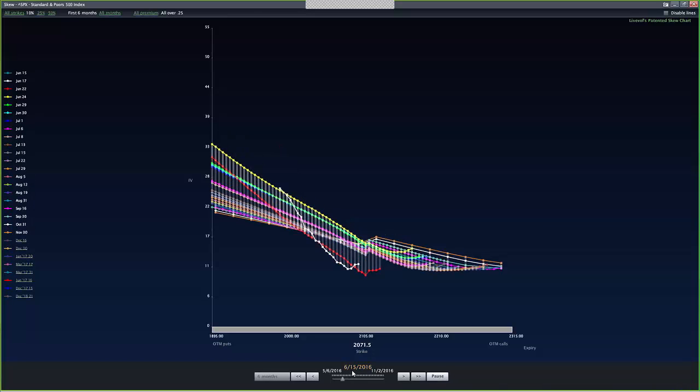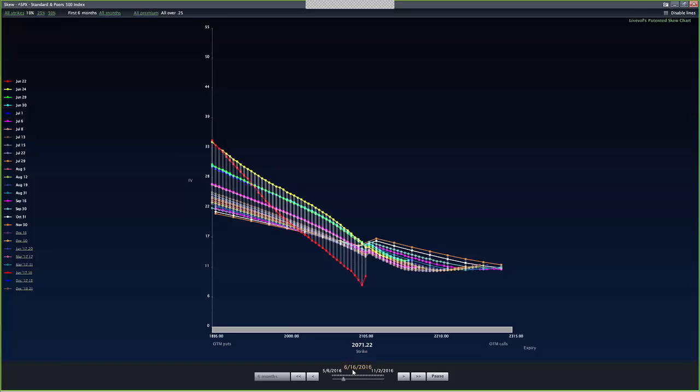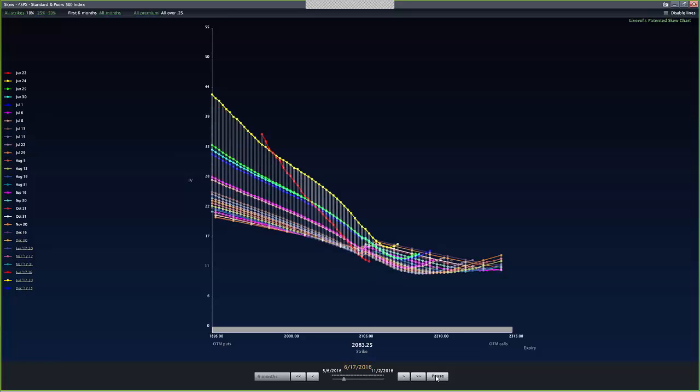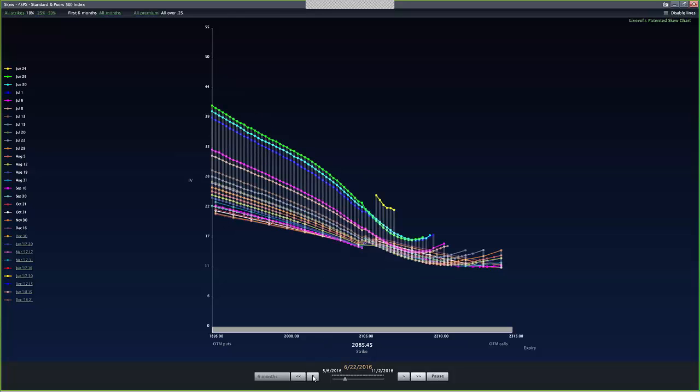Because I have so many things, it might be a little bit jittery. I'm on the 16th now, and I'm going to hit pause. Look at what happened. I have to go back a couple of days here.